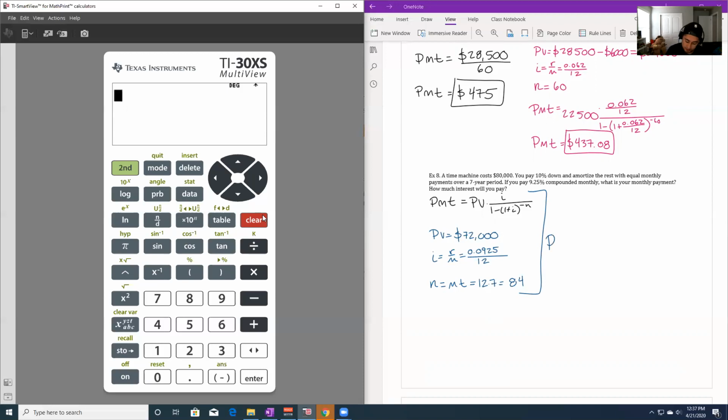Okay. We can now type it in to the formula. Our payment for this time machine is going to be 72,000 times 0.0925 over 12 over 1 minus 1 plus 0.0925 over 12 raised to the negative 84. All right, perfect. Now, let's type it in our calculator.